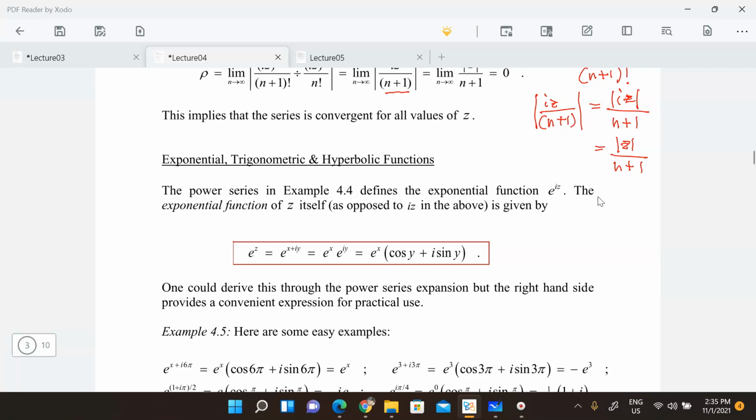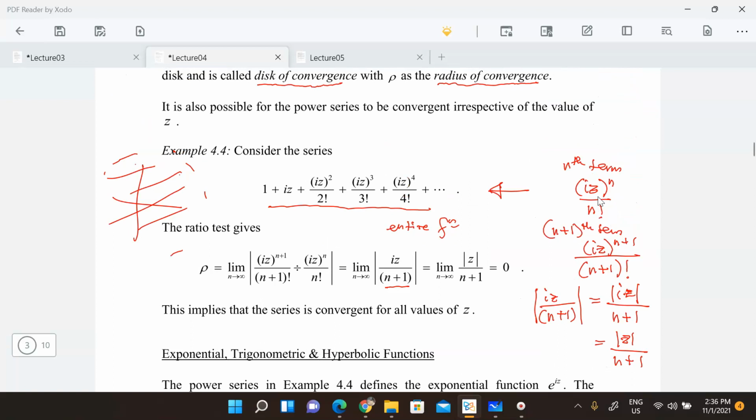Right. So now if you look back at the function in this example, what I call example 4.4, this is just something that you have seen before. This series is something like 1 plus x plus x squared over 2 factorial plus x cubed over 3 factorial, where your x is real in this particular case, then this is just exponential x, right?